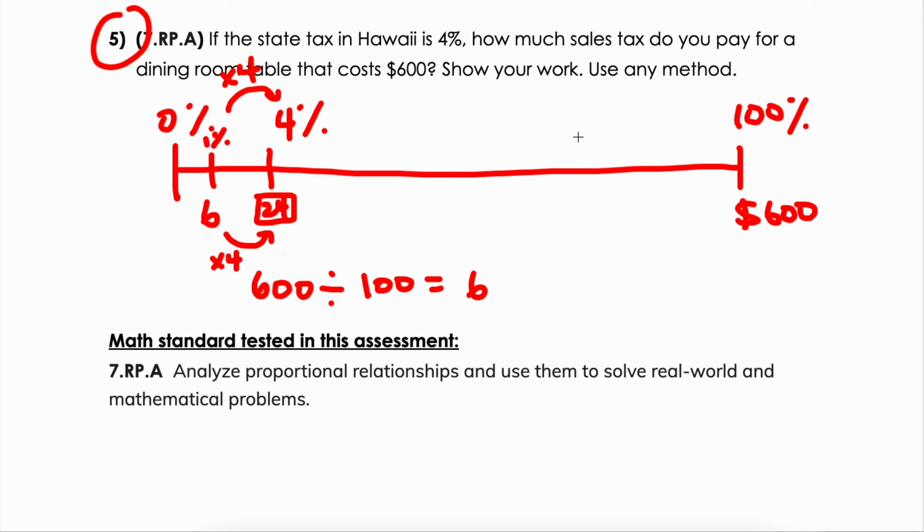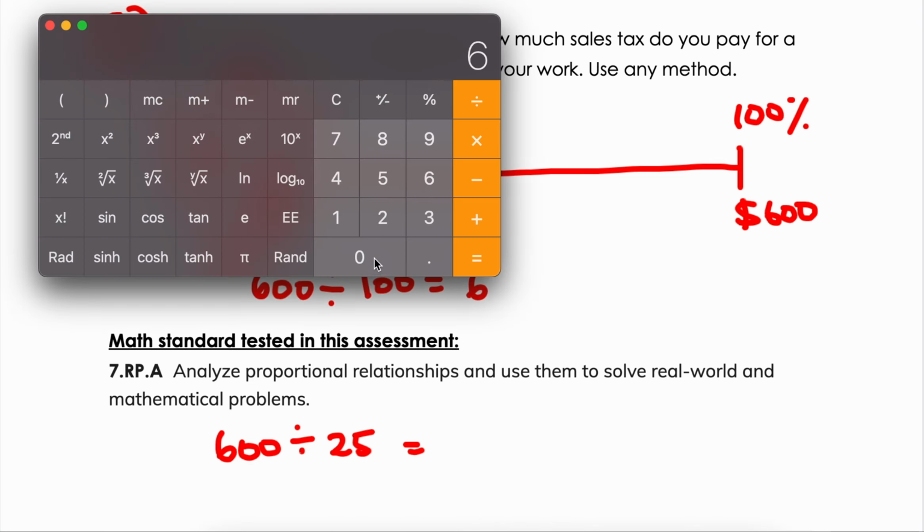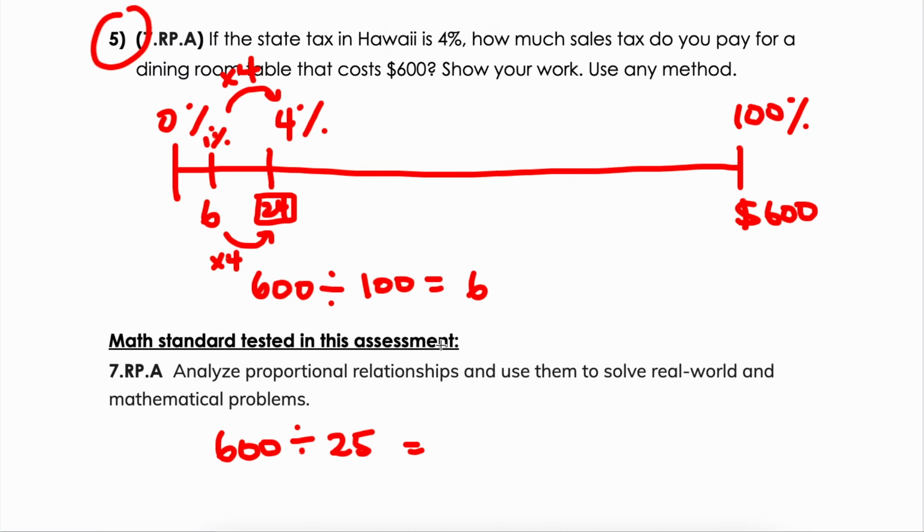You could also think, well, 4 has to multiply by 25 in order to get to 100. So to get right to 4%, you could take 600 divided by 25 to get to your answer. 600 divided by 25 equals 24.